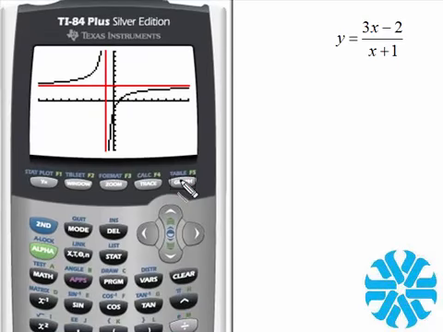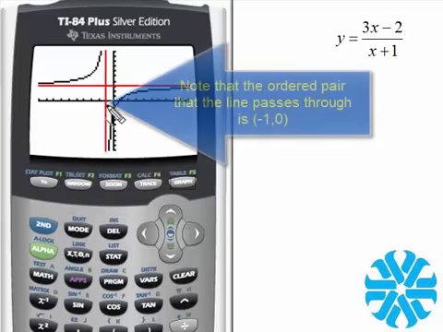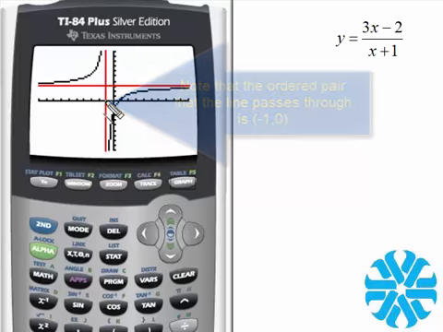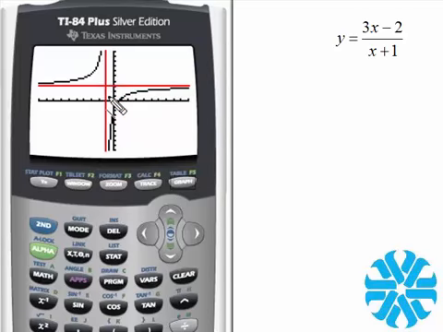Okay, I just drew in the vertical asymptote, which is right here, and that vertical asymptote is going through the point x is equal to -1. So the coordinate is actually (-1, 0), and the equation of that line is x is equal to -1.